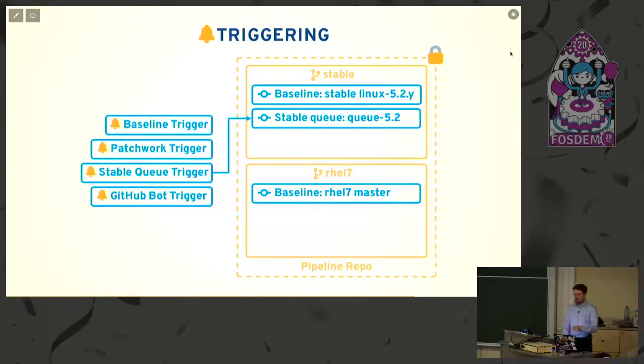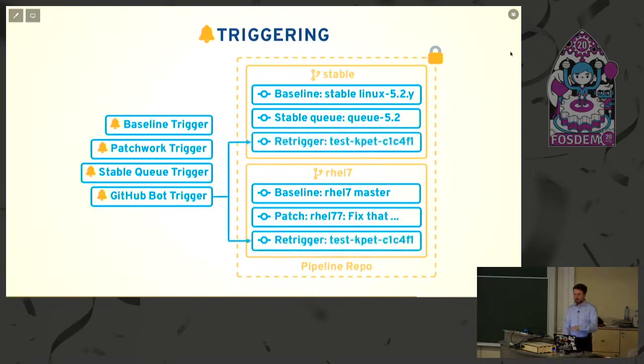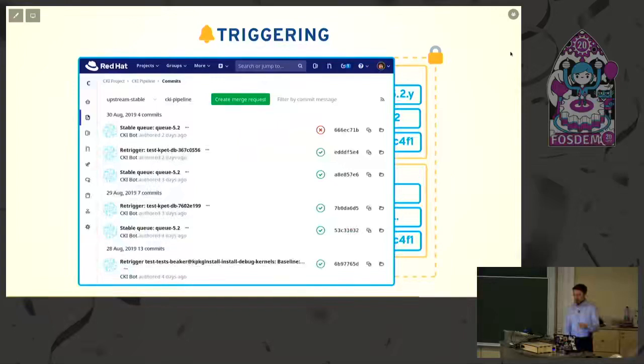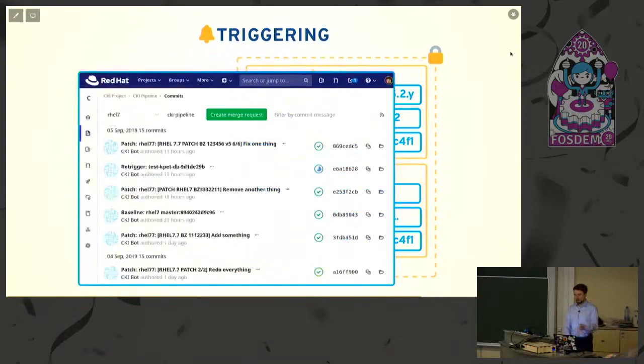It also checks, finds something and does the commit. There's the trigger that finds patches and does a commit in the same branch, and finally the GitHub bot comes and finds that there is a new merge request, and puts it in all the branches that we're interested in testing. And it might look like this. For example, the stable branch has those commits all with the pipelines running, and this branch has its own commits here.